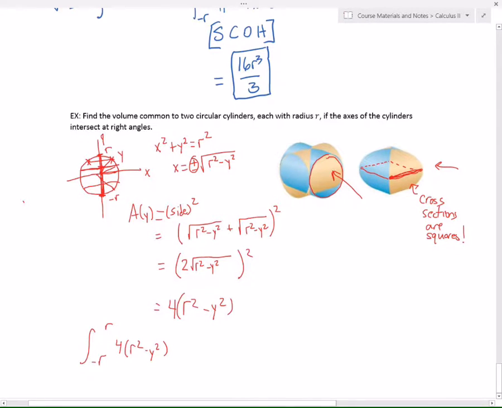So to do that integral, I'm just going to treat that as 4r squared minus 4y squared, integral from negative r to positive r, dy. I forgot my dy over here. That gives me 4r squared y, because r is a constant, minus 4 thirds y cubed, or 4y cubed over 3, from negative r to positive r.